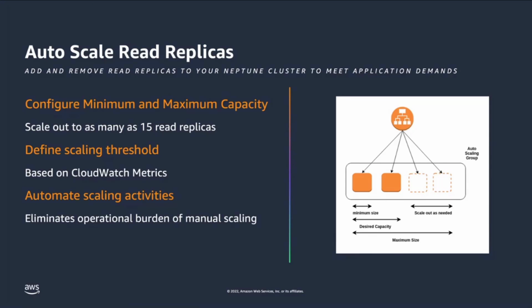As your workload ramps up, it will scale out additional read replicas. As your workload demand eases, it will scale those back. So it really helps automate the process of doing that, as well as provide you some cost optimization by not having to run additional read replicas when they're not needed.